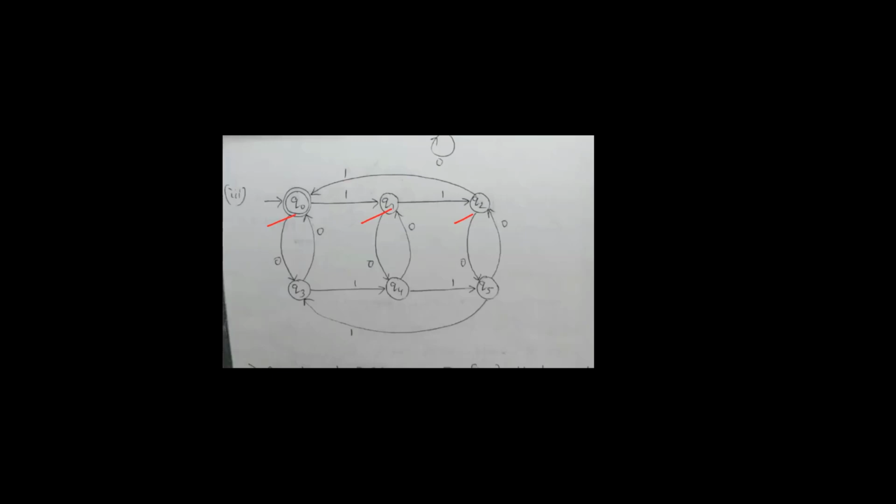So for the Q0 state, how to design an even number of zeros? Look at this. For 0, go to the Q3 state, and from the Q3 state come back to the Q0 state for 0. So this part provides an even number of zeros from the Q0 state.